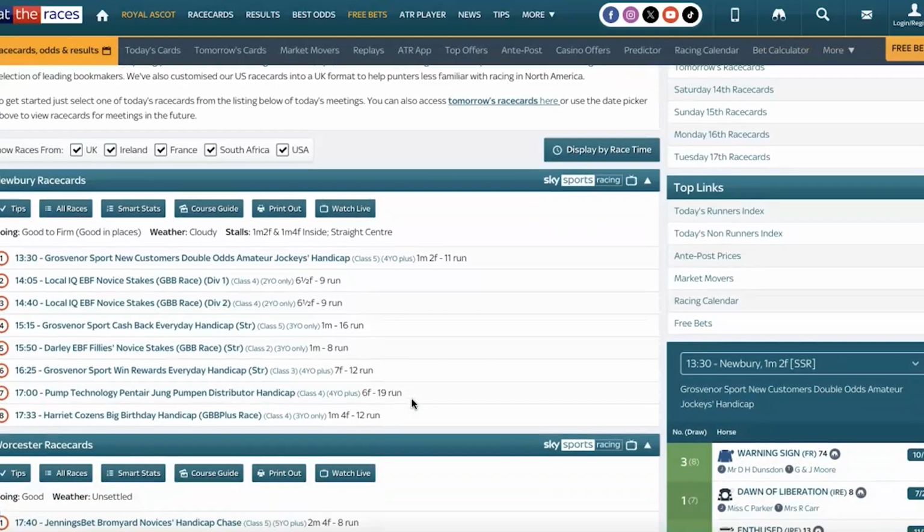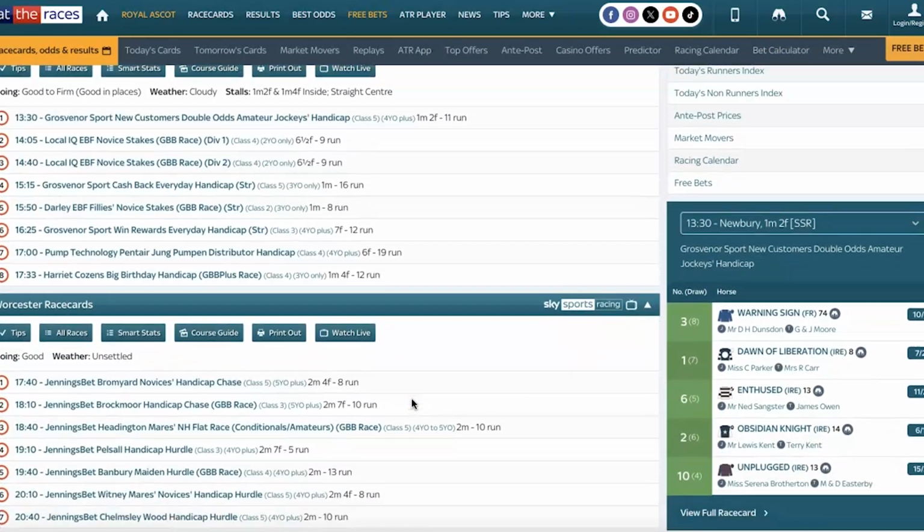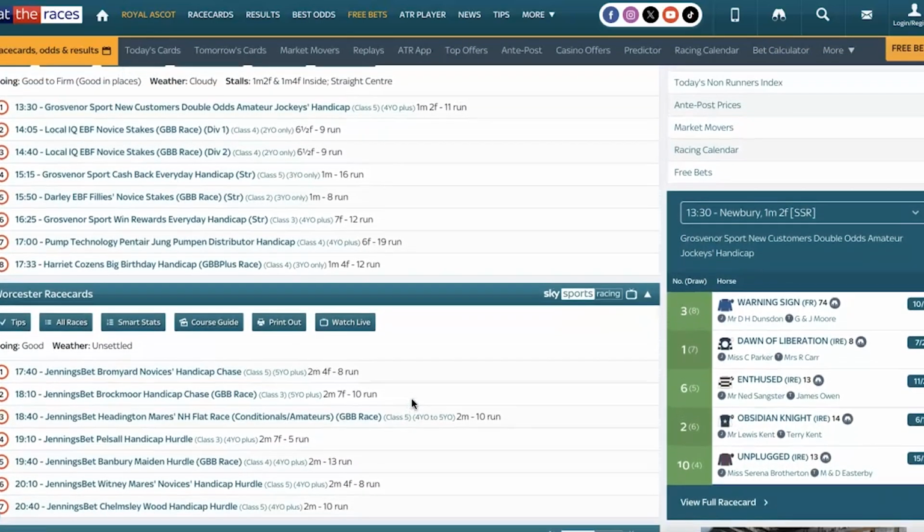And again, these distances will obviously change as you go to look at a jumps card. If you're more of a jumps racing fan, obviously jumps racing is staged over a lot further. So you can see here the card at Worcester tonight, and the first race there, the novices handicap chase, you have got a race staged over 2.5 miles, which is always denoted as 2 mile and 4 furlong there, because obviously in half a mile there are 4 furlongs.